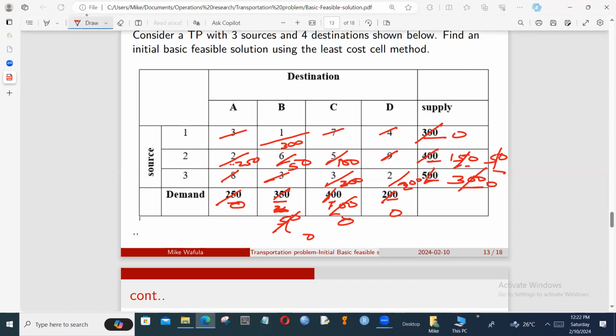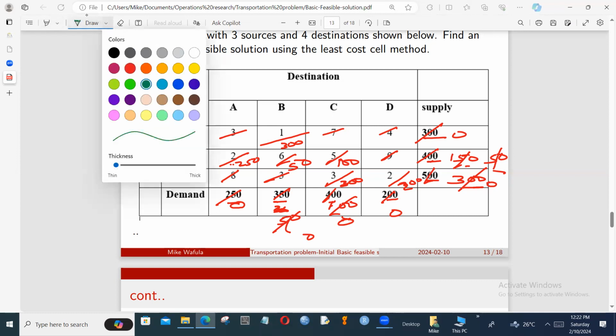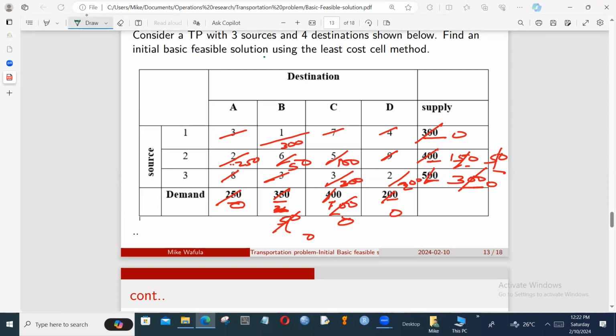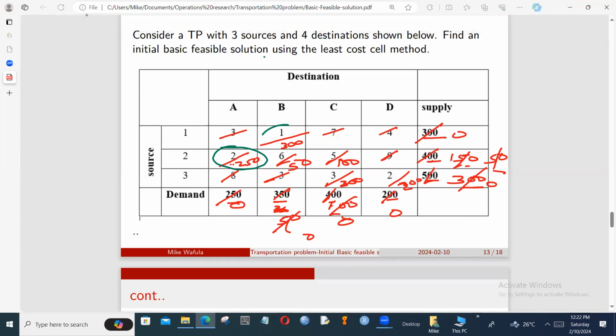So just like the previous stage, we now calculate the initial basic feasible solution by having 2 times 250 plus 1 times 300 plus 6 times 50 plus 5 times 100 plus 3 times 300 plus 2 times 200. And you get that particular figure.